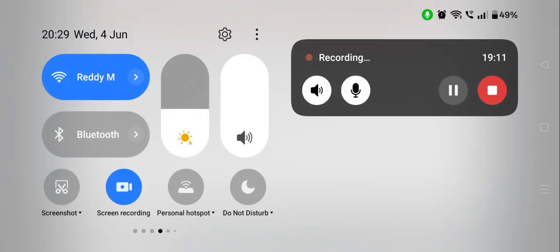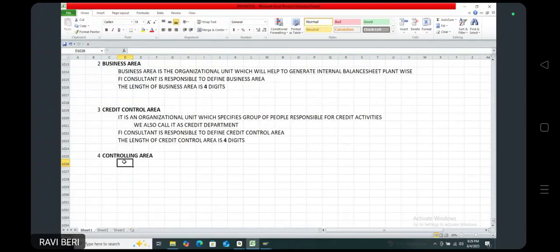Every company will have a controlling department. What this department will do, they control the cost of the product. So every company will have a controlling department. So they control the cost of the product. Okay.